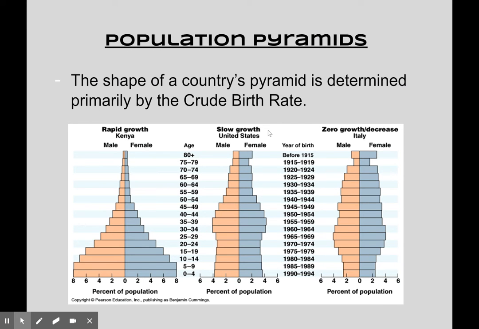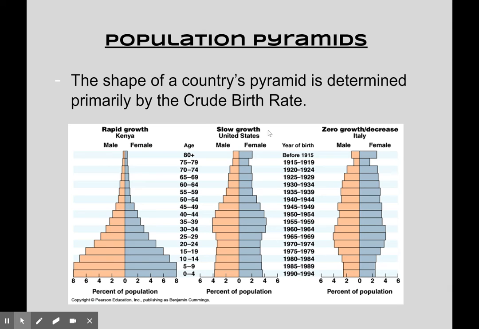A population pyramid is a shape. Usually when we're talking about population, the shape of a country's pyramid is determined primarily by the crude birth rate. So you're looking at population by age. Usually the youngest is on the bottom, and then it goes all the way up to the oldest age.